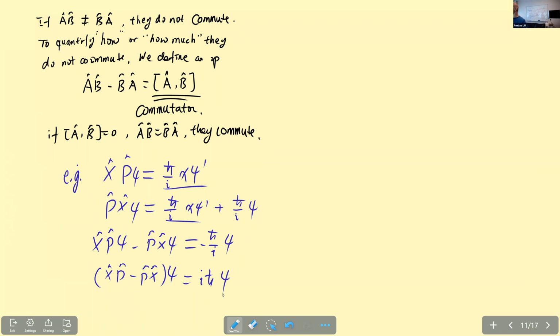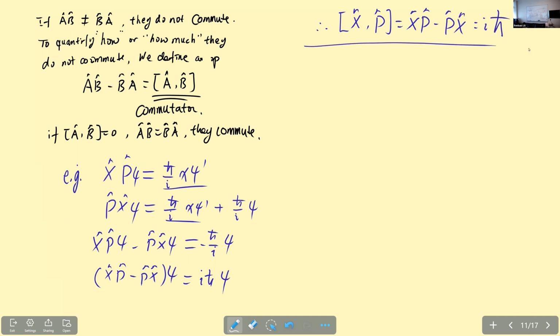So this means the commutator of this one, this is the fundamental commutator in quantum mechanics.